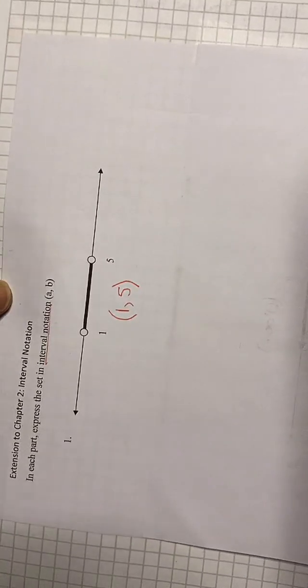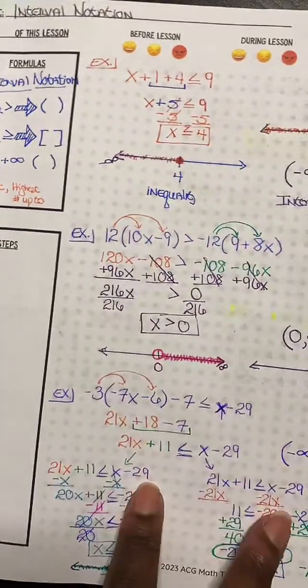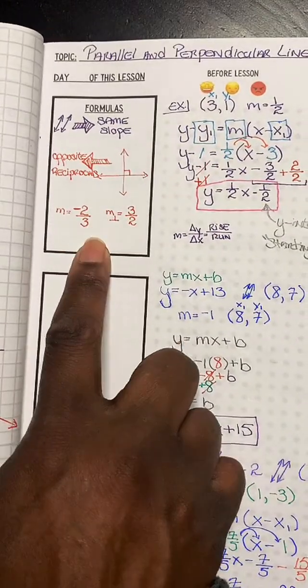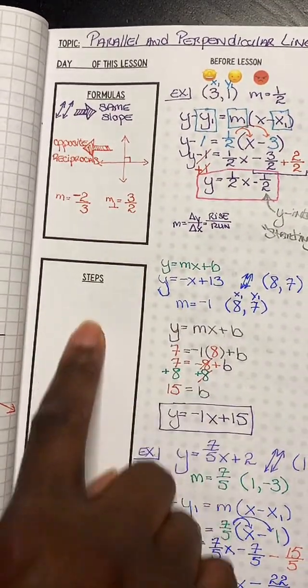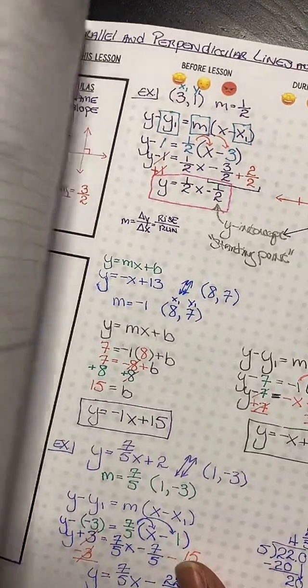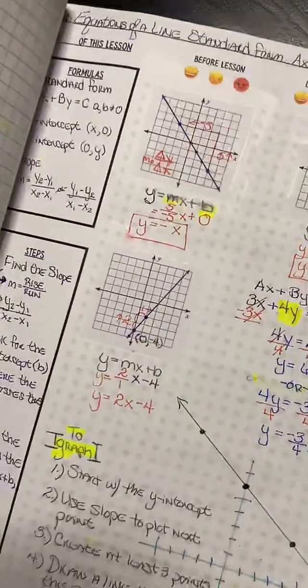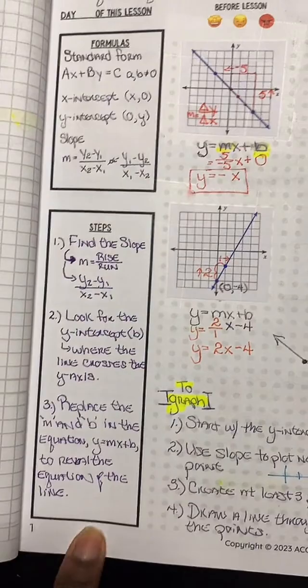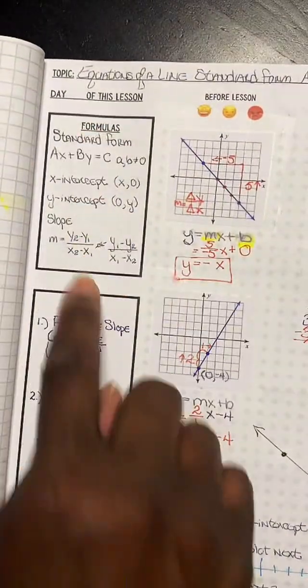If you have notes that your teacher wants you to tape inside your book, you can tape on one side and do the explanation on the other side. If you have any formulas or steps, you can write them here, so you have easy access to all of the information, just like how I did for finding slope and the different formulas.